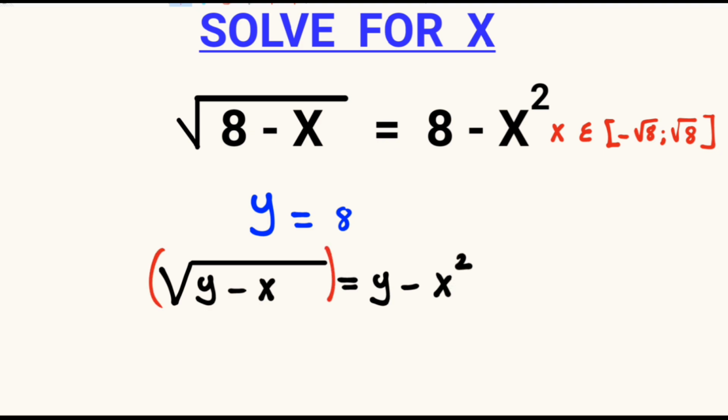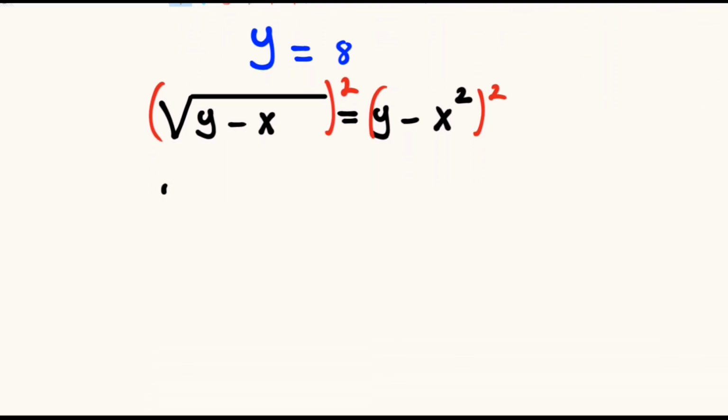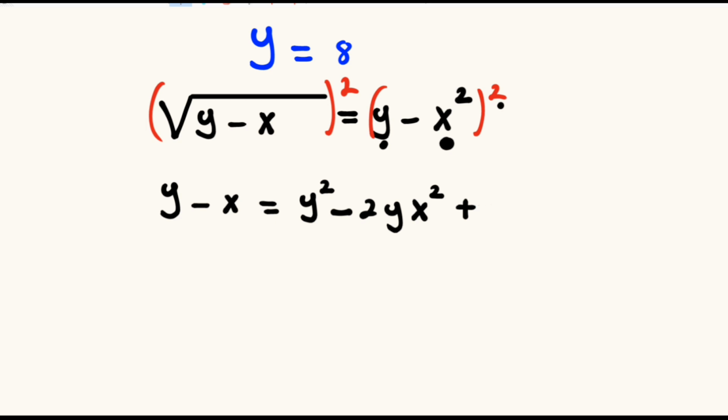We square both sides of this equation, and the square root will cancel out such that we have y minus x is equal to the y raised to the power 2, which will be y squared. The 2 multiplied by the y multiplied by the negative x squared will be equal to negative 2y multiplied by x squared. And the negative x squared raised to the power 2 will be equal to positive x to the power 4.